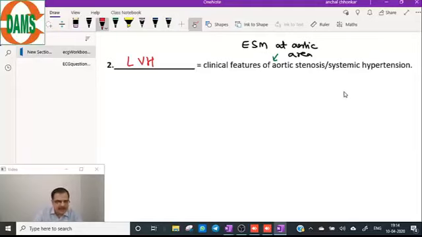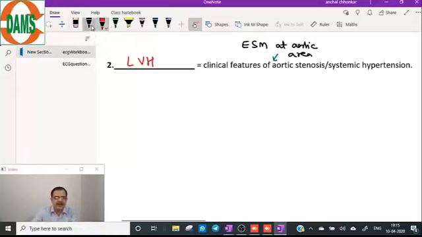Now if it is LVH, our main focus will be on the left sided lead. And where is the left sided lead? Towards the axilla, that is V5 or V6. Yes, this will be a case of left ventricle hypertrophy. Now coming to how to diagnose LVH. So this is the diagram.